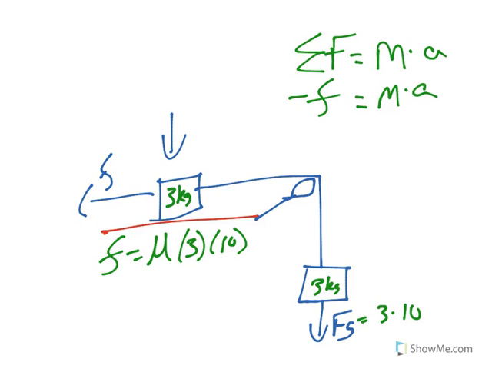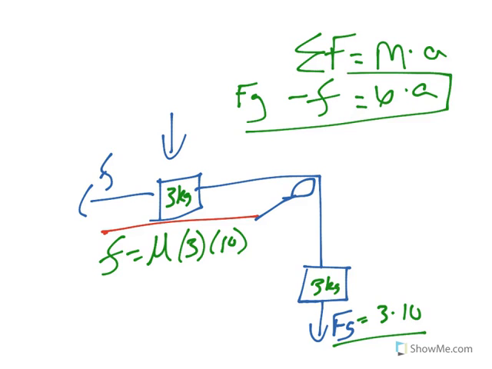In this case, though, the force of gravity is helping the movement, so I'm going to leave it as positive. And whenever you solve for this, the mass that you use should be the mass of both of these objects, so it should be 6 in this case. So you would end up with a formula that looks something like that, where the 6 comes from this mass and this mass.